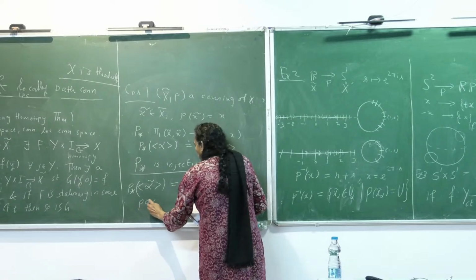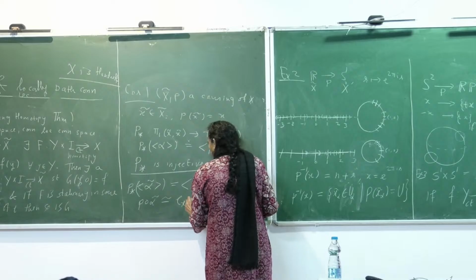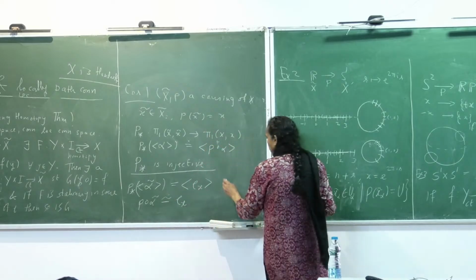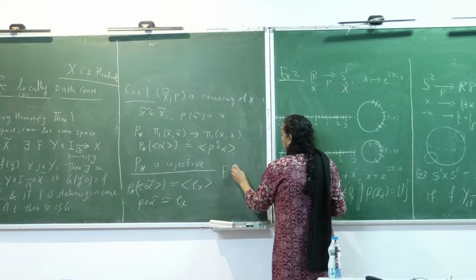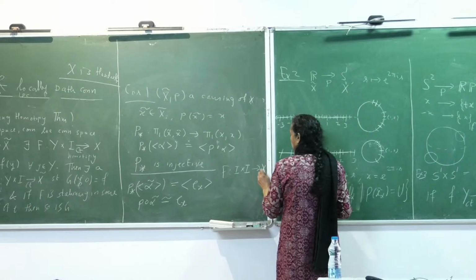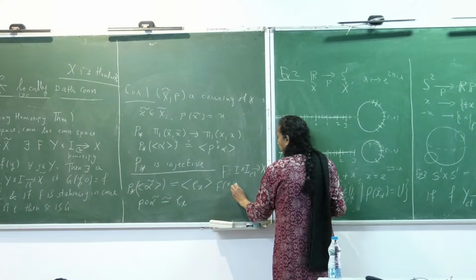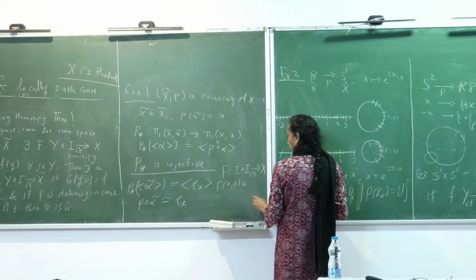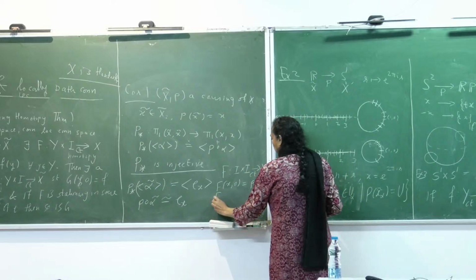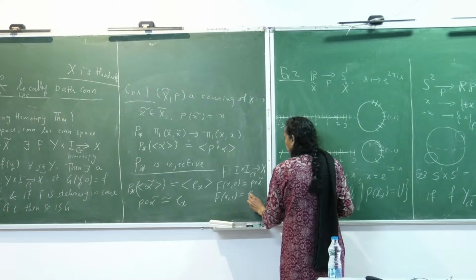P composite alpha tilde is path homotopic to e_x. So you have F from I cross I to X continuous such that F(x,0) equals P composite alpha tilde and F(x,1) equals e_x.